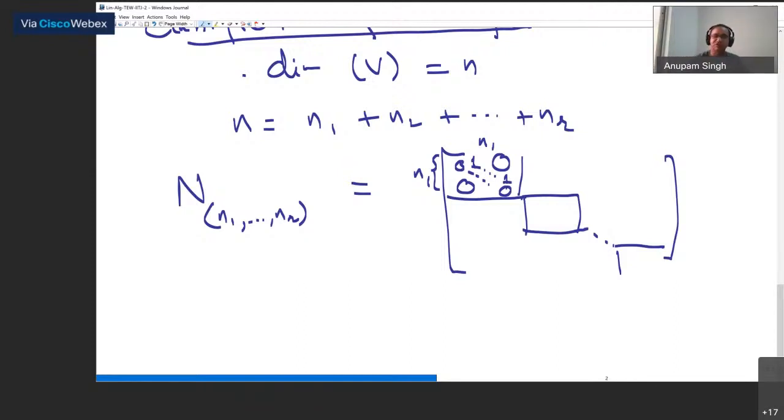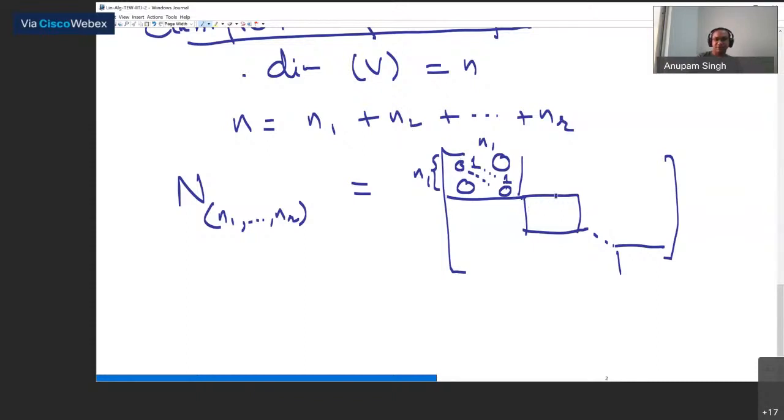So the statement would be that for any nilpotent linear transformation on a vector space of dimension n, there exists a partition of n like n1, n2, nr, and vectors corresponding to n1, vectors corresponding to n2, vectors corresponding to nr, which will give rise to these blocks.